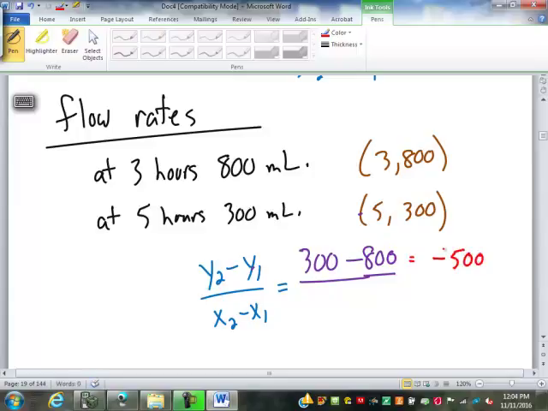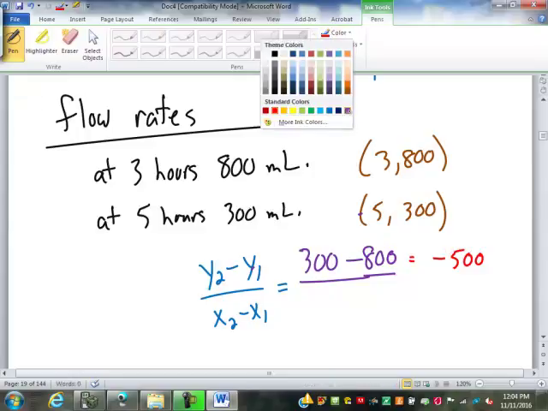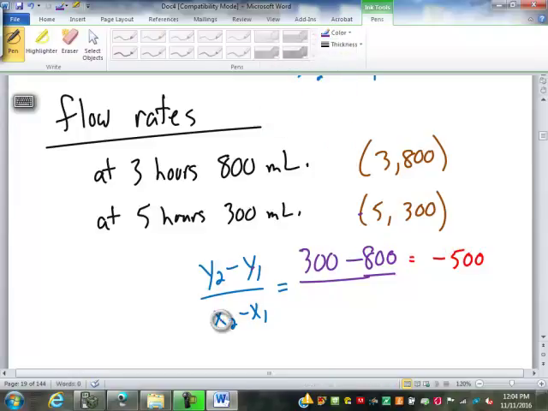That's because the volume of the bag has been reduced by 500 milliliters. On bottom, x2, what is the x-coordinate of my second point? 5, minus x1. What's the x-coordinate of my first point? 3. 5 minus 3 is 2. So that's negative 500 over 2, which can be reduced to a negative 250.